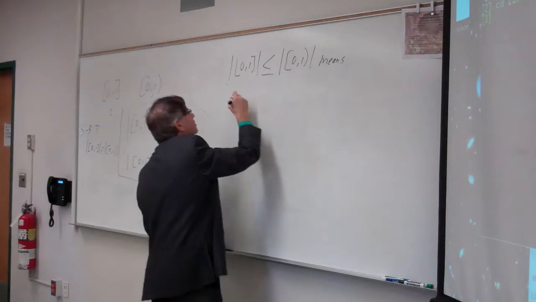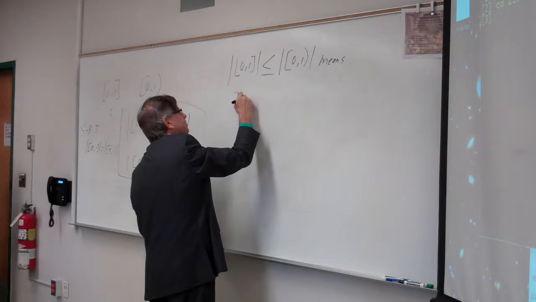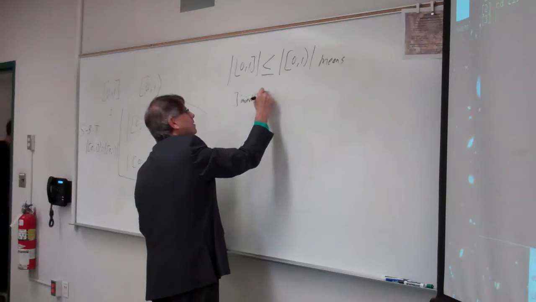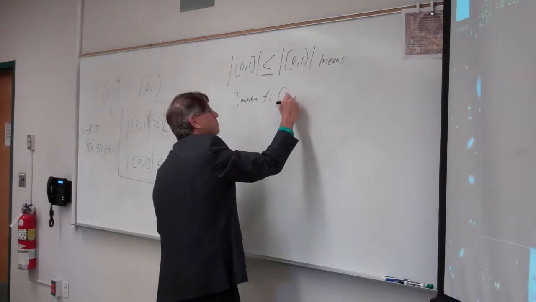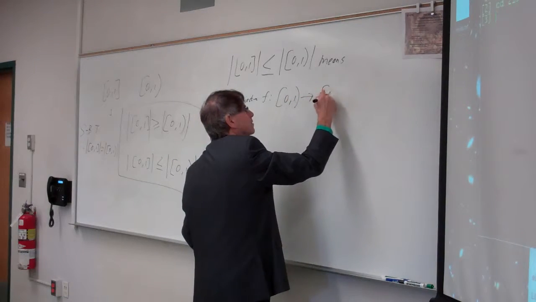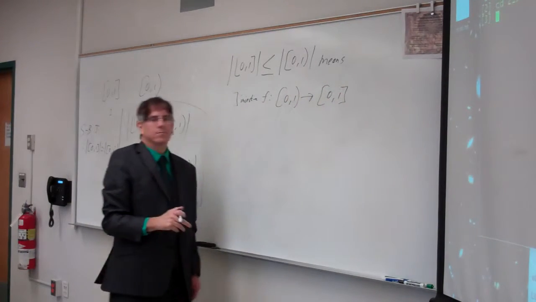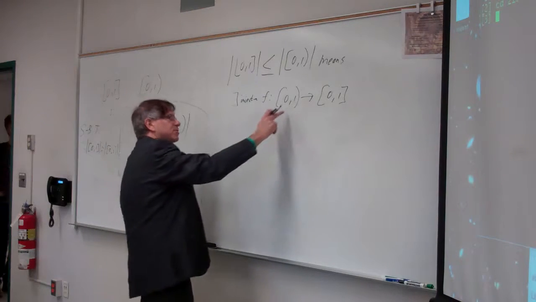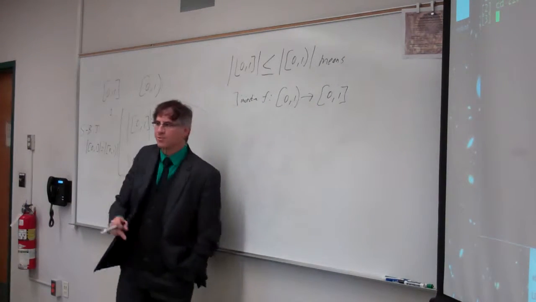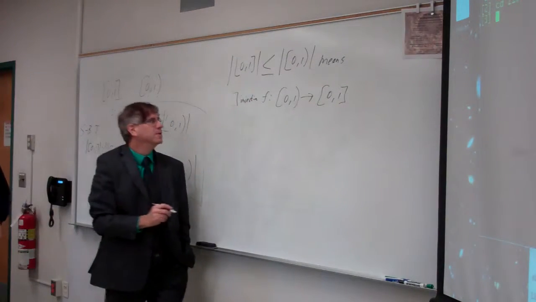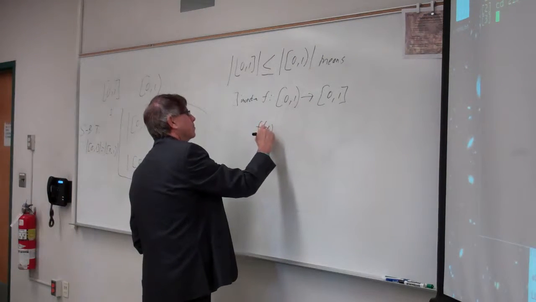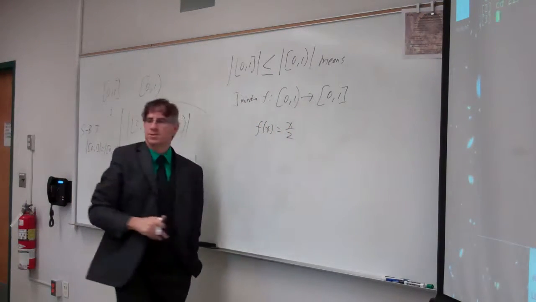This means there exists an injective map from here to here. Something that takes each one of these numbers to a different number over here. So there's an injective map.